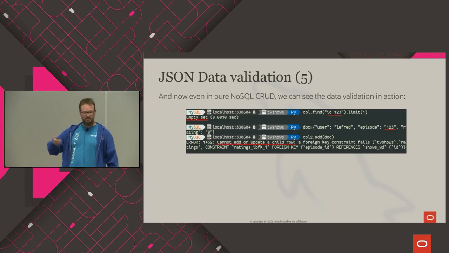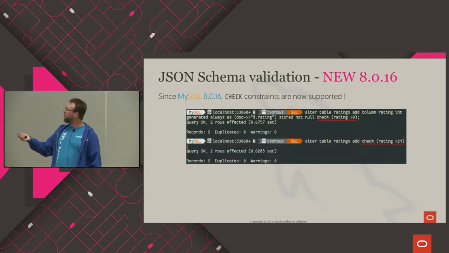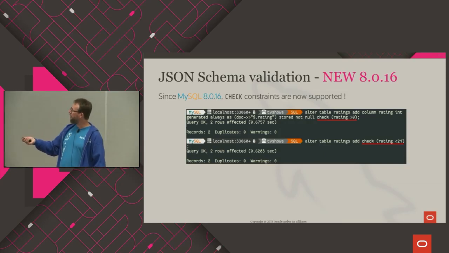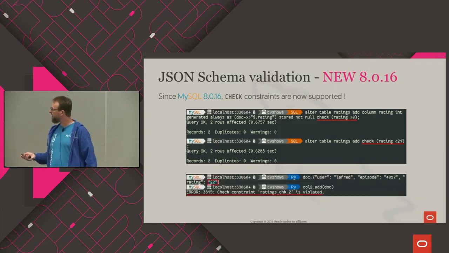But we have even more since 8.0.16, so check constraints are supported. So here, for example, I say the rating has to be bigger than 0. And I can also add another one and say the rating has to be less than 21. So I want a rating from 1 to 20, right?